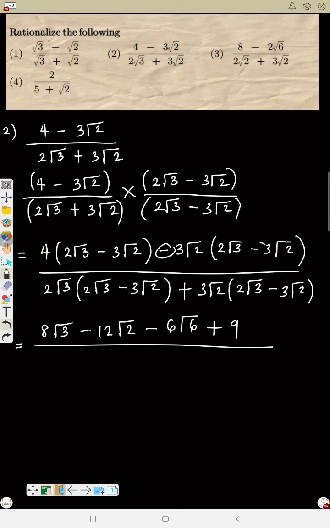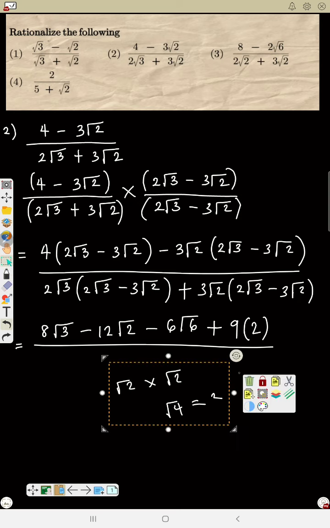So minus times minus is plus. Then 3 times 3, 9. Then root 2 times root 2, that is root 4. Root 4 is 2. So you just write 2. Remember, I told you if they are the same, this is root 4, which is 2.